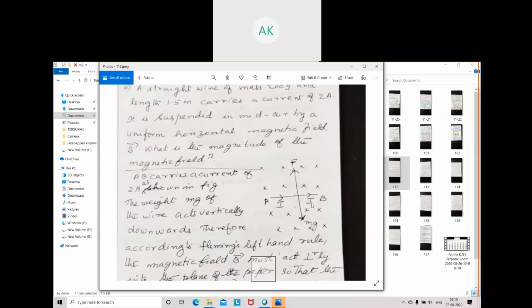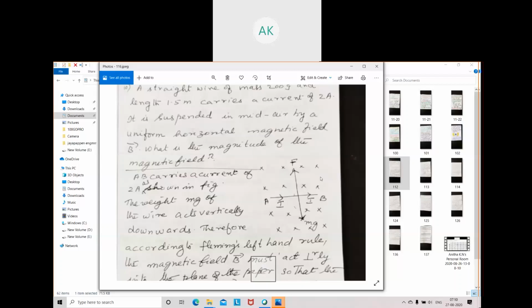Then the curl of the fingers will represent the direction of the magnetic field. It is suspended in mid-air by a uniform horizontal magnetic field B. What is the magnitude of the magnetic field? That is what we have to find out.